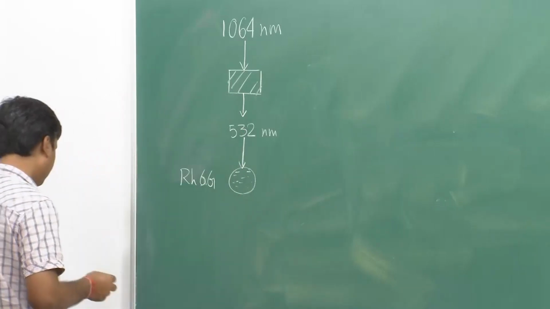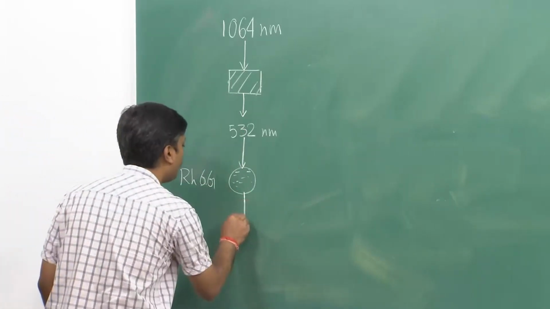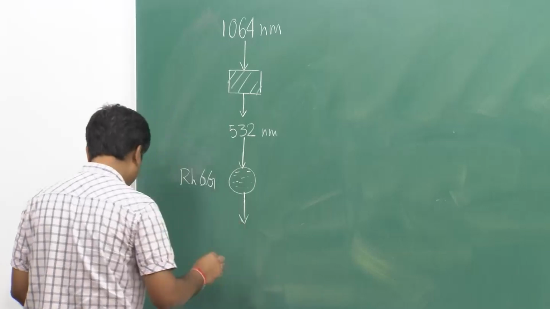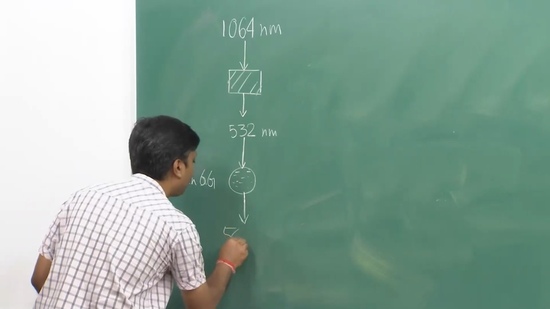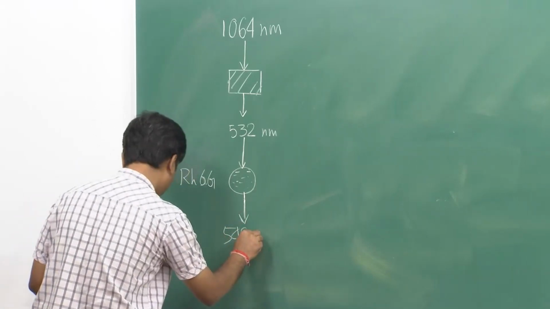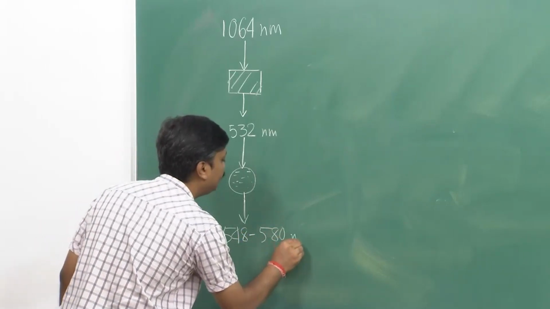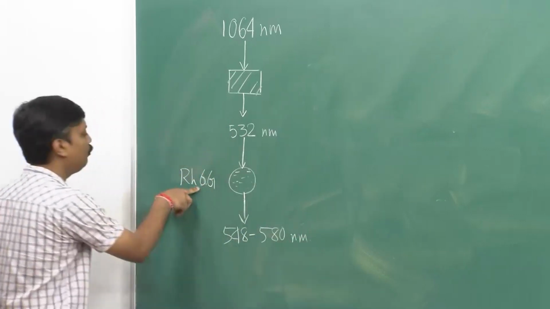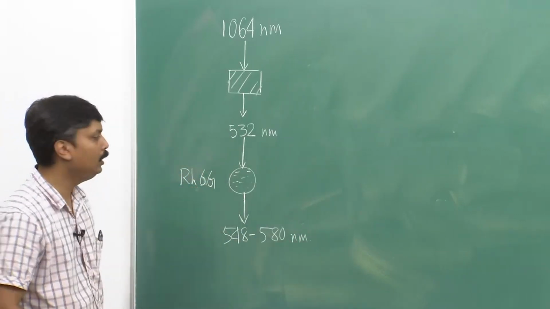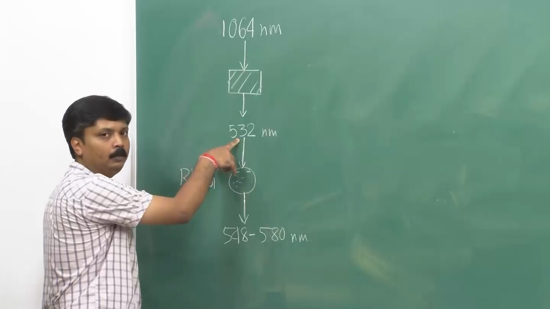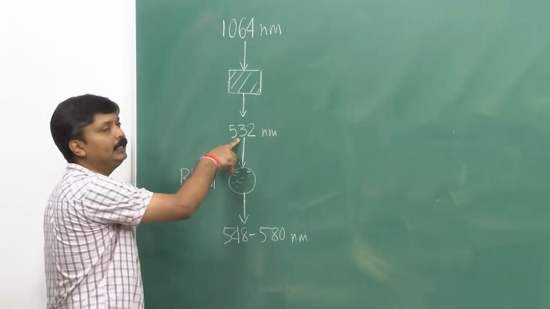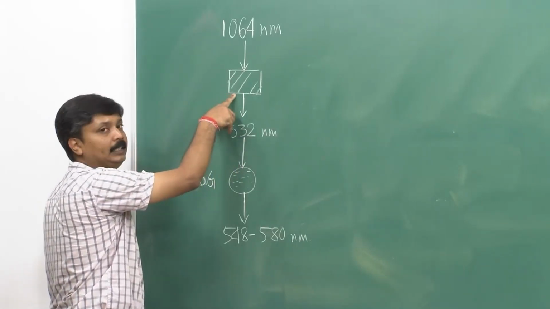So, this can give rise to a wavelength range, say 548 nanometer to 580 nanometer. This is a typical wavelength range that you can get from a rhodamine 6G based dye laser when it is pumped with 532 nanometer light, which again is generated from the SHG.